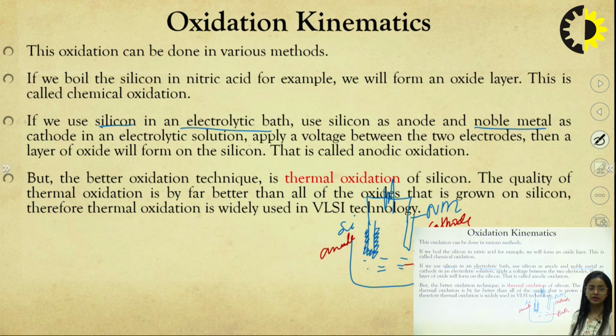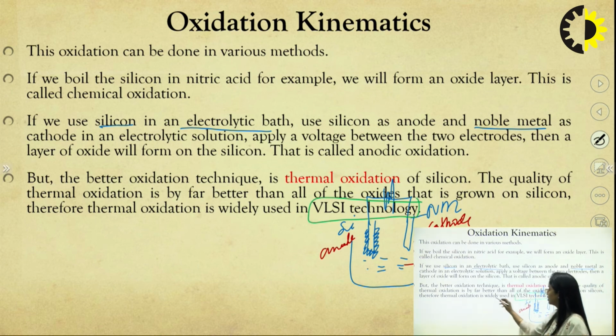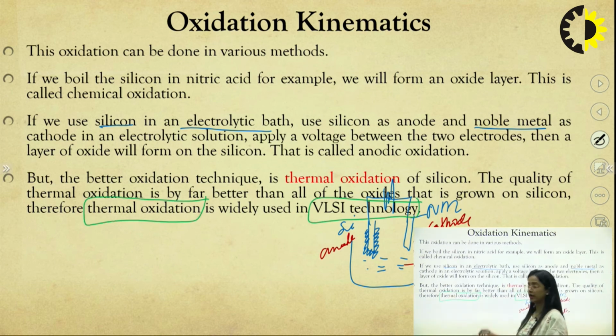But the better oxidation technique is thermal oxidation of silicon. The quality of thermal oxidation is by far better than the oxides that can be grown on silicon by other methods. Therefore, thermal oxidation is widely used in VLSI technology. VLSI technology uses thermal oxidation, and this is the most efficient method to grow silicon dioxide on silicon.